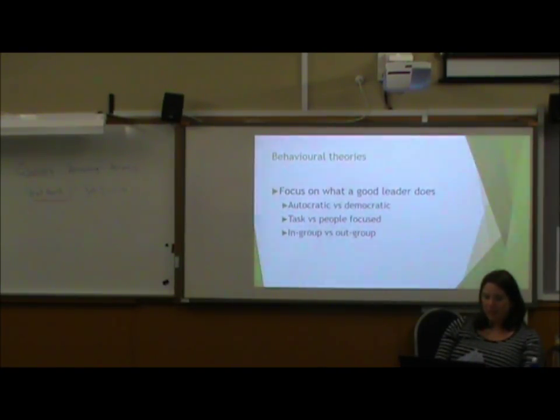But then actually they found some quite diverse results, and they actually found that some of the people with the autocratic leaders performed better. So it was not necessarily all conclusive. It depended a little bit on the situation.